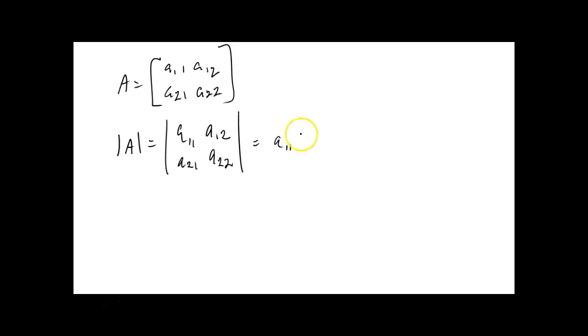A11 A22 minus A12 A21. Okay? The determinant of a matrix is a number. It's a number that's the products and sums or differences, usually differences are involved with it. Okay? So that is what we mean.